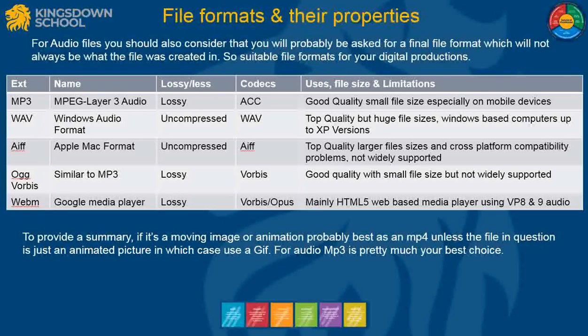Unless the file is just something like an animated picture, you know, one of those little moving pictures that you see, then obviously GIF is still the go-to for that. No reason to change that at the current moment. For audio, MP3 is pretty much your best choice. It does give good quality, small file size, goes on most mobile devices, and certainly for MP3 players, it's exactly what they were designed for in the first place.